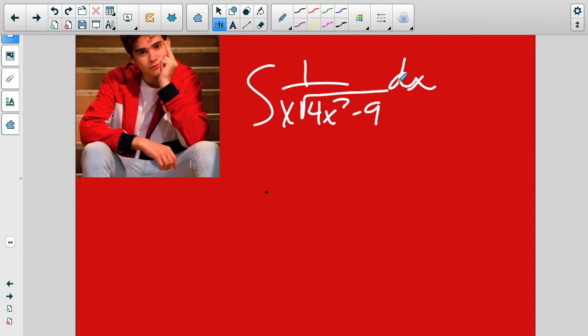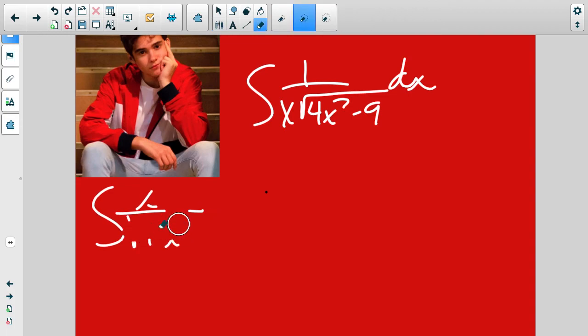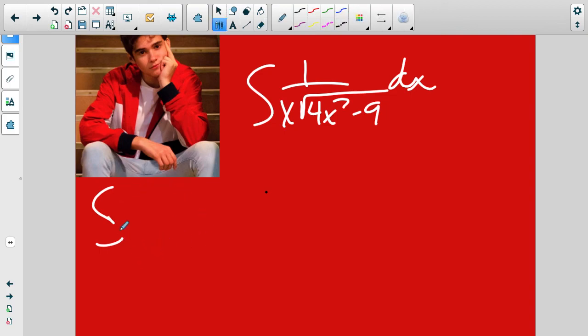The dx was actually on top of it. Girls, if this problem said this, it would be a substitution problem. Don't just go straight to inverse trig. Go through, y'all see sub would work here?